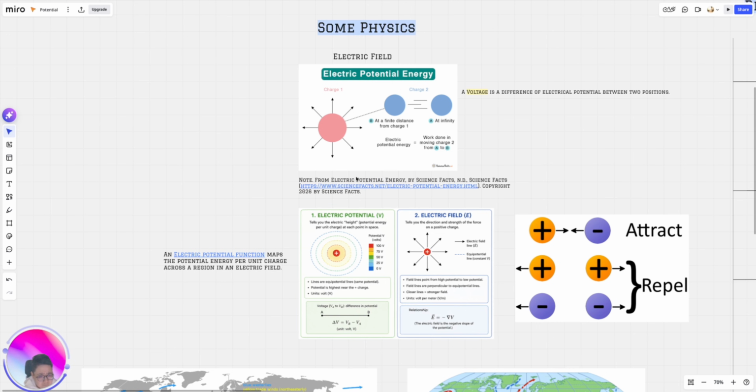And basically, an electric potential function is a function that maps the potential energy per unit charge across a region in an electric field. Let's say we're in a suburb called A, B, C, right? This is a field. And we basically have a function of mapping, okay, here is a person. How do I go to all of these places? You can simply understand it as that.